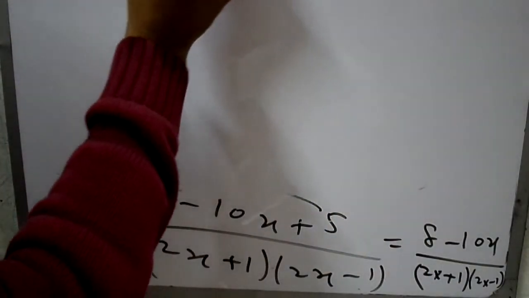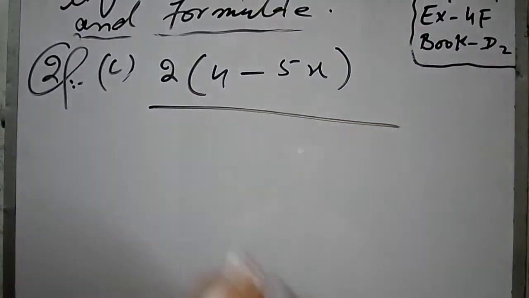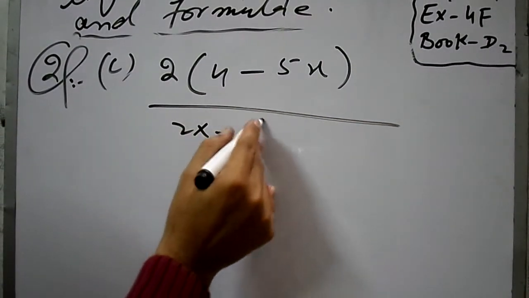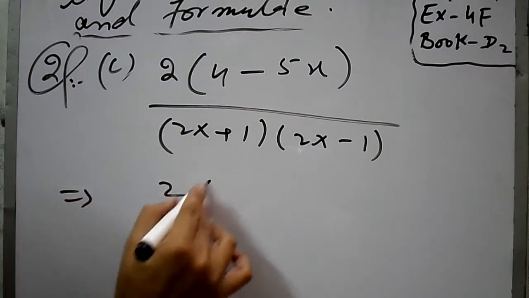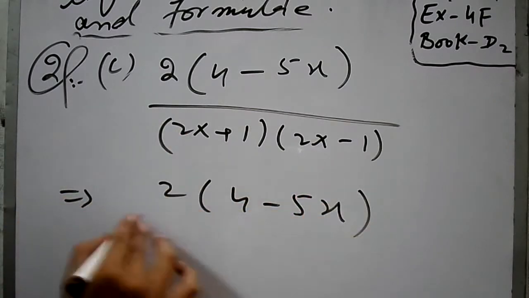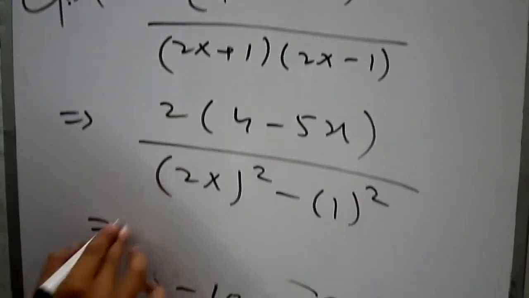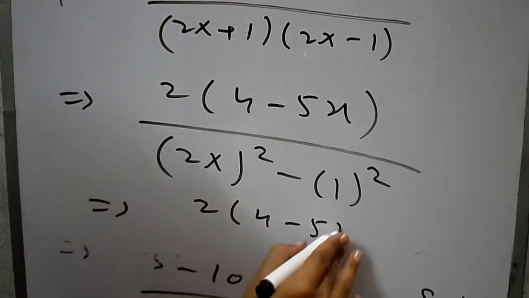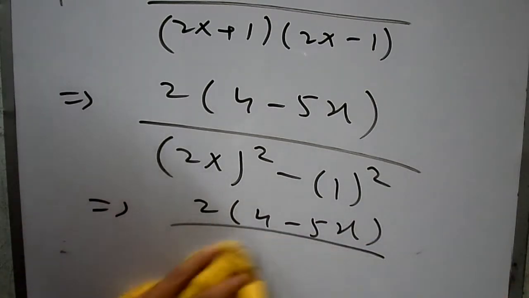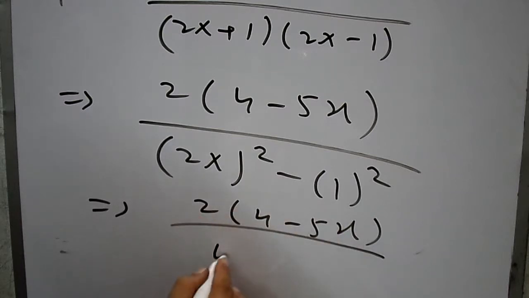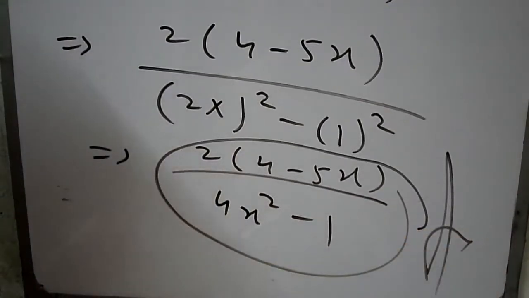You take common 2: 4 2s are 8, 5 2s are 10. Now 2x plus 1, apply the difference of two squares formula here, that is 2x. Once again you will get 2 into 4, so 2 2s are 4x square minus 1. So that is your result.